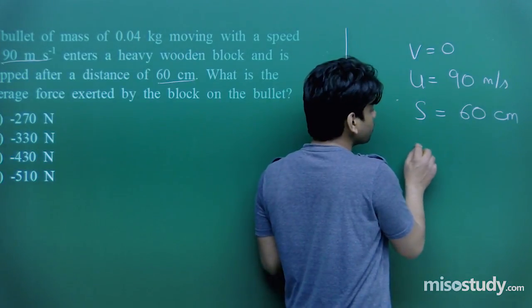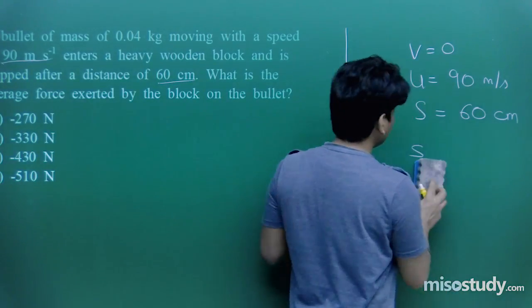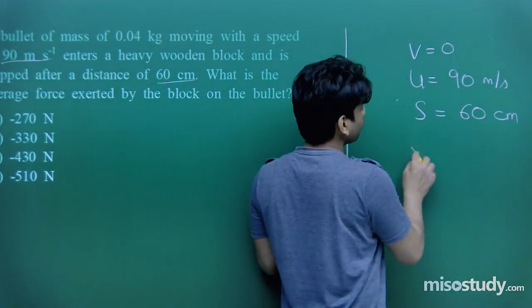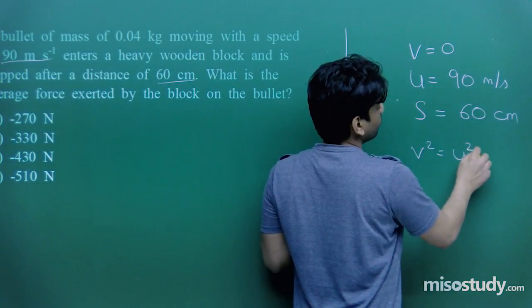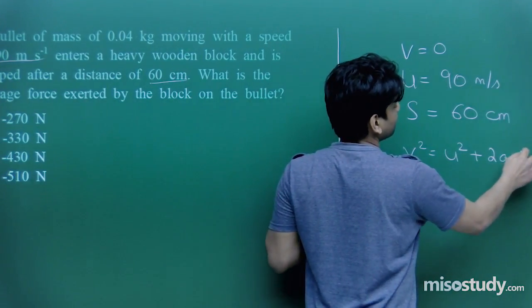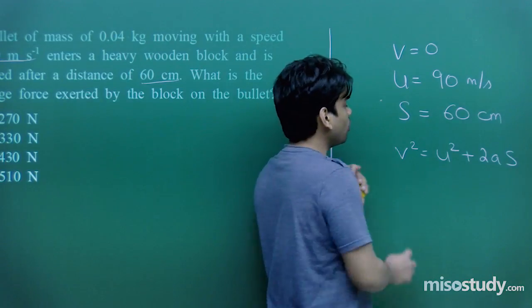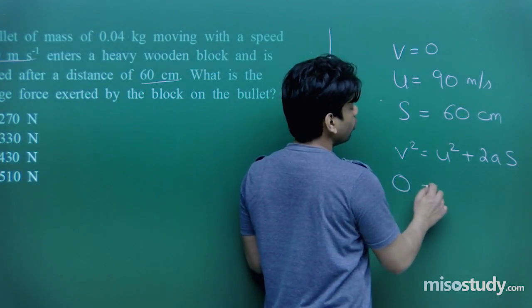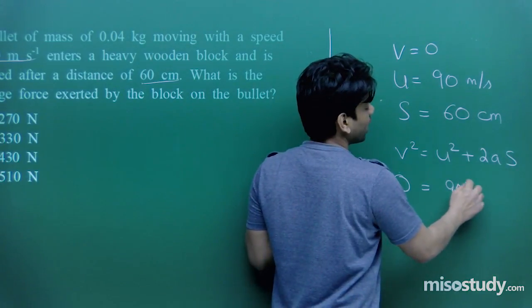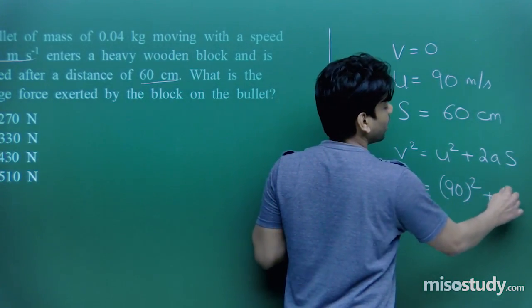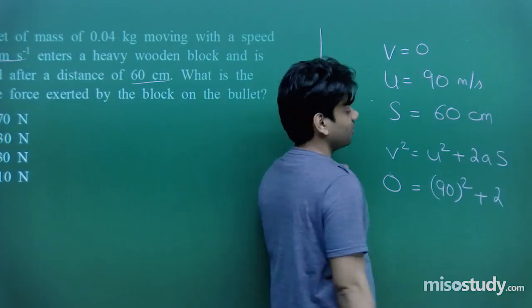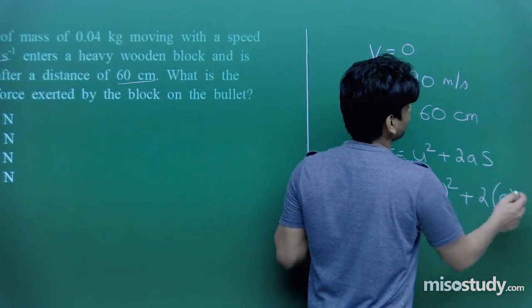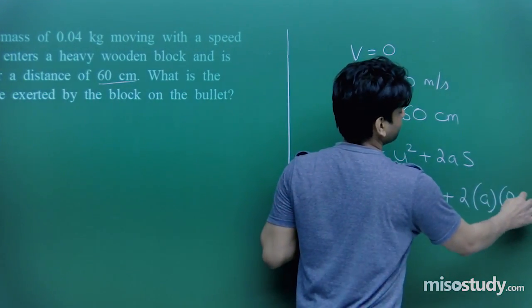Now if we use V square is equal to U square plus 2AS. V is 0, so this is 0, U is 90, so 90 whole square plus 2A, where A I am putting as it is, and S is 0.6.